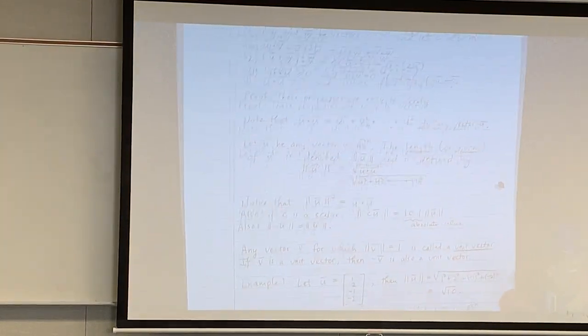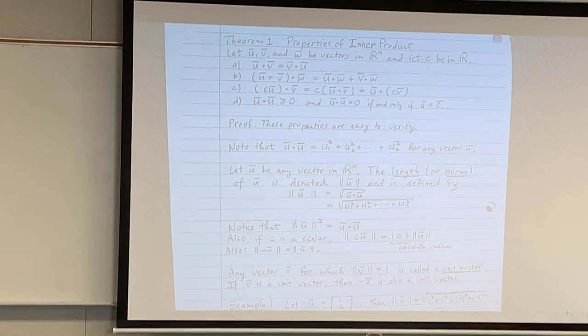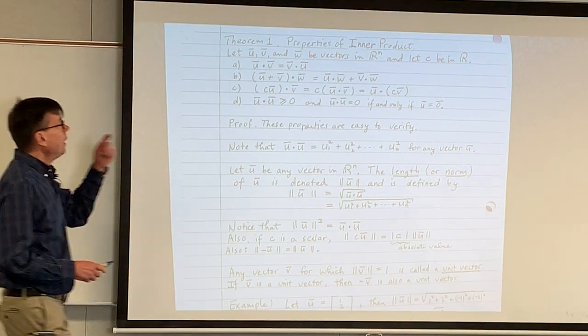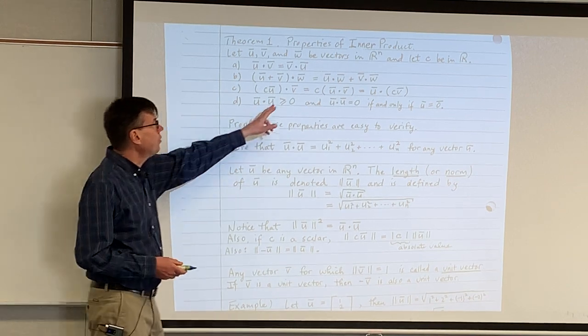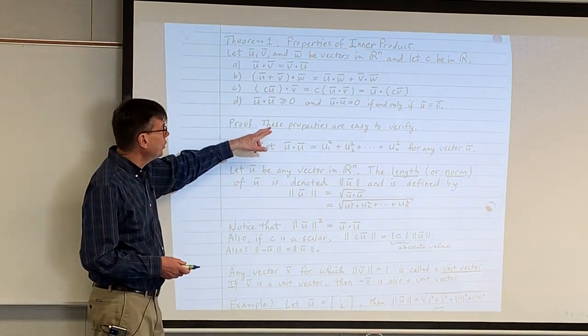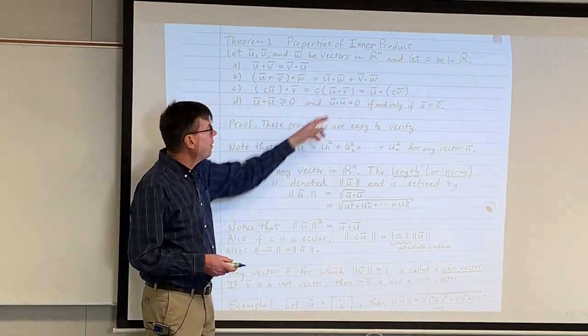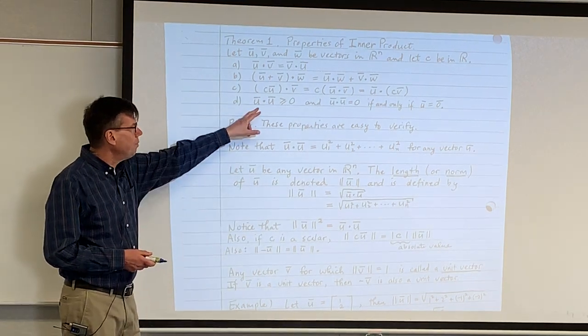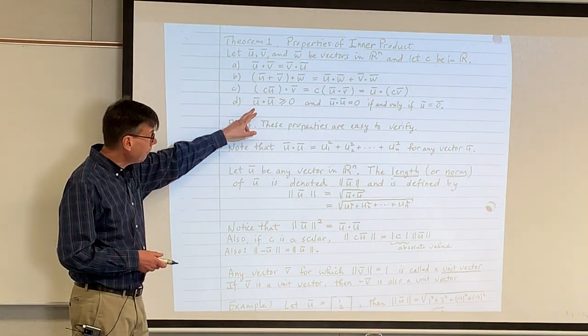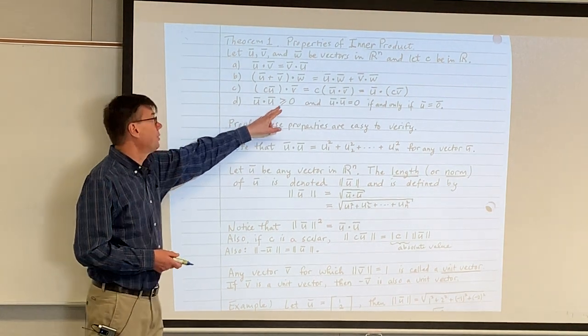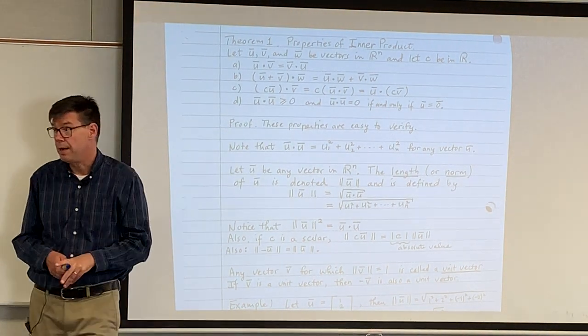Properties of inner product, I think the basic stuff here you're familiar with. It's commutative, comes out the same way if you change the order. You can distribute dot product over addition. You can factor a scalar out from a dot product. And an important property of dot product that we're going to use is that the dot product of a vector with itself is always positive.